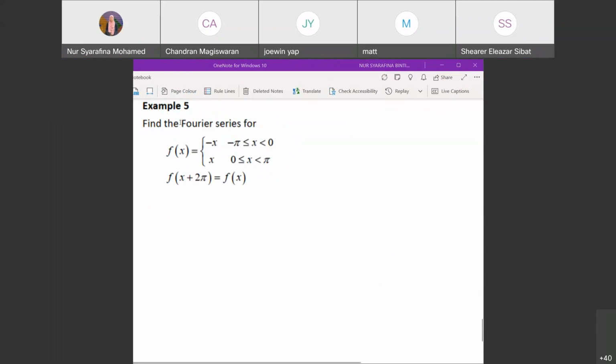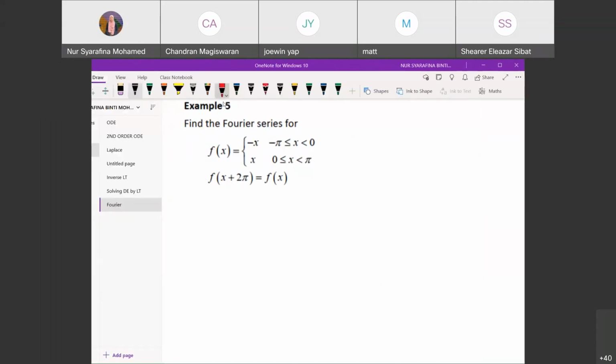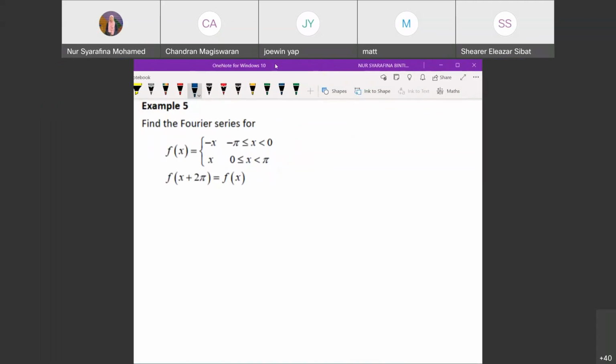Okay, so for this example, it is a piecewise function, where f(x) is negative x from minus pi to 0, and f(x) is x from 0 to pi.